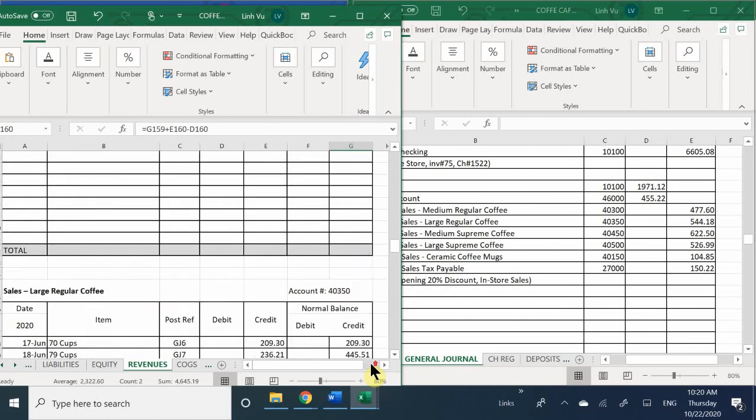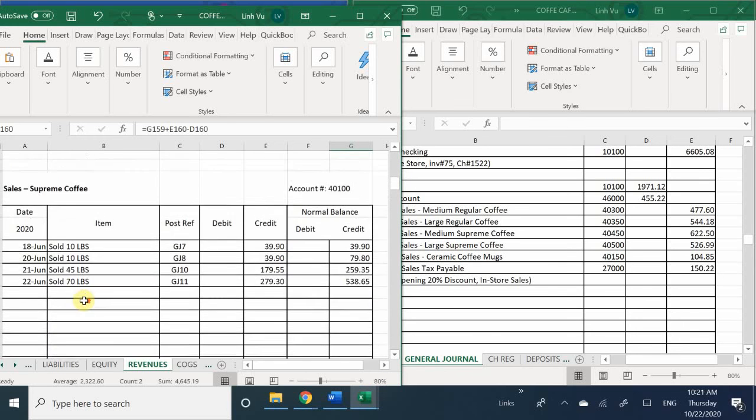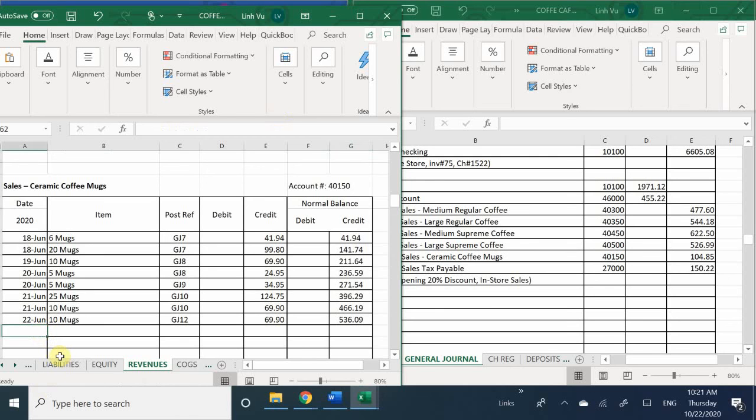All right. Now, lastly, the ceramic coffee mugs. One more down. Ceramic coffee mugs. 15 mugs. GJ 12, $104.85. 640.94. All right.